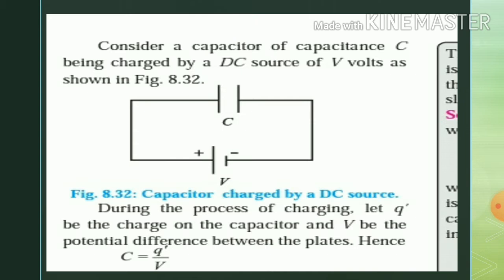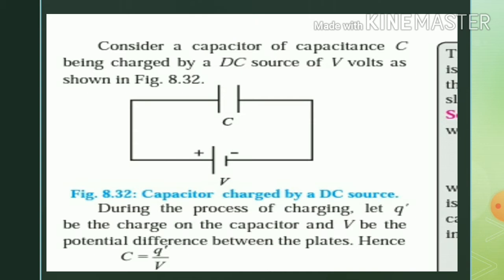On this concept we can write capacity C equal to Q upon V, means capacity equals charge divided by potential. This general equation applies to the above diagram and explanation.